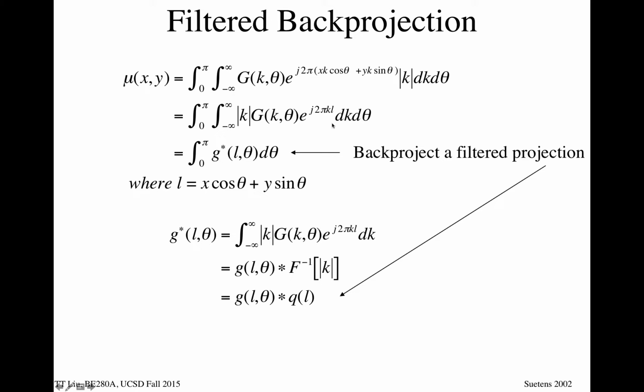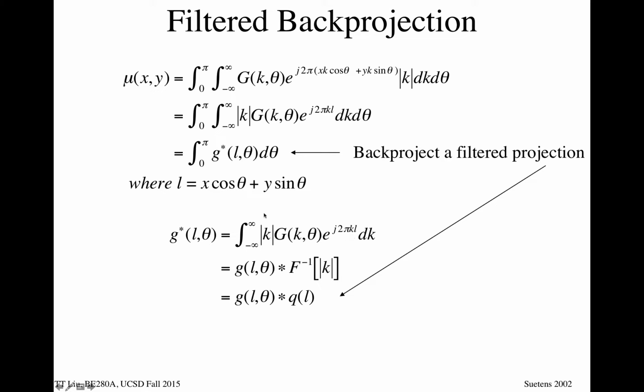This thing here is this function g star L theta. And we can write it out: absolute value of k, G k theta, e to the, this looks like an inverse Fourier transform.